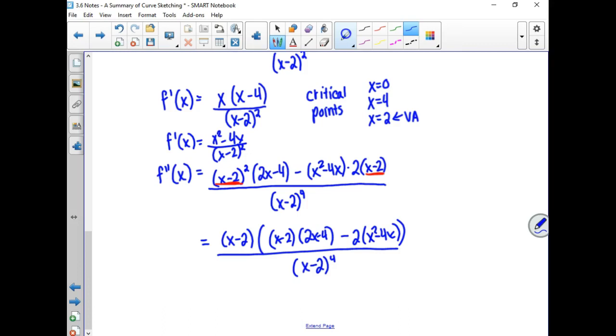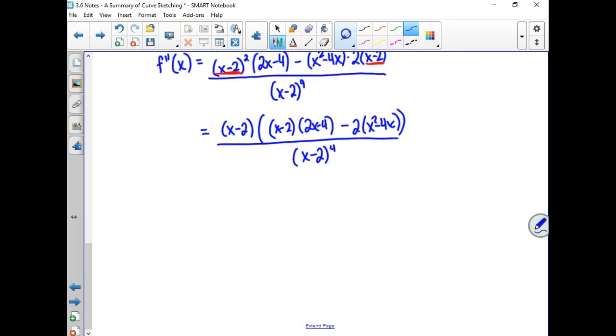So we must simplify more. The x minus 2 can cancel with one of these x minus 2's in the bottom.